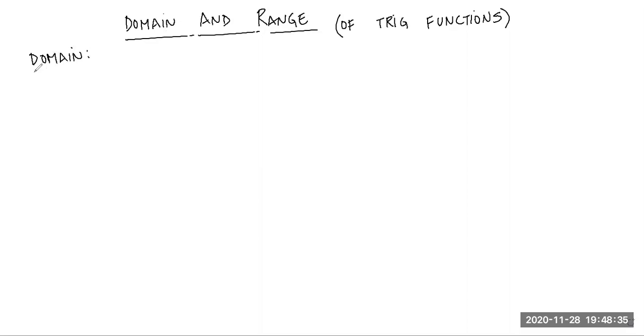Well, the definition is: the domain of a trigonometric function consists of all the values that can be used as input into the angles.